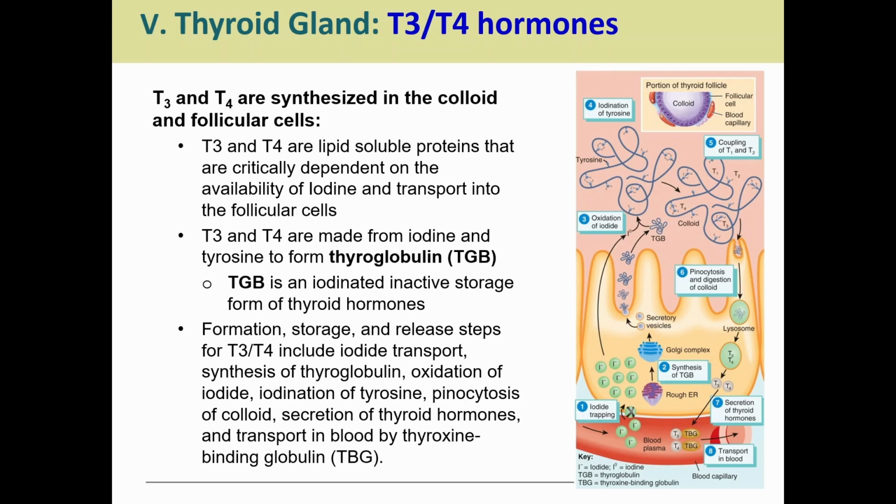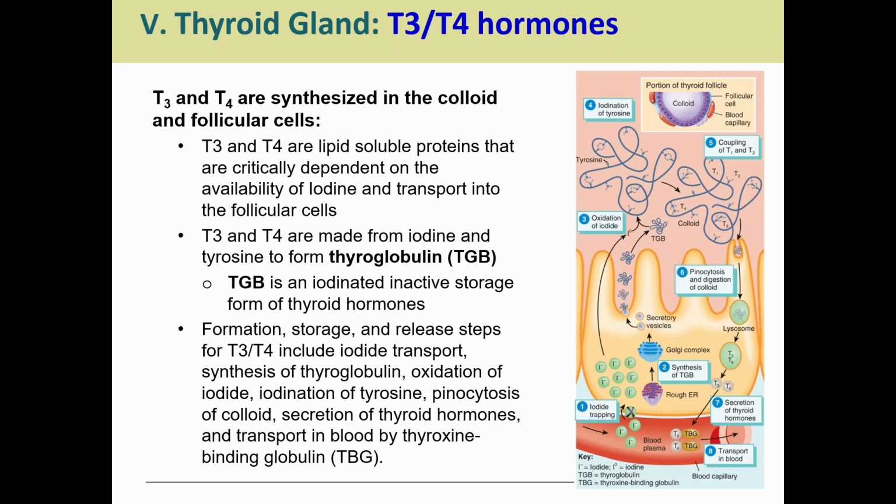So T3 and T4 rely on having access to iodine. Iodine is a key element in these hormones, in T3 and T4, right? So this is one of the reasons why we have iodine added to certain things like iodized salt, to ensure that you get enough iodine so that you can produce these hormones.